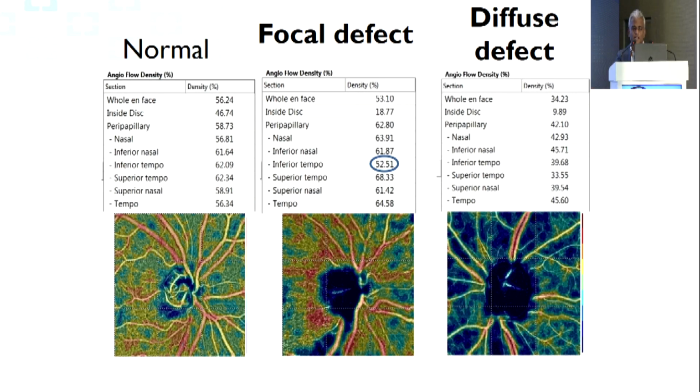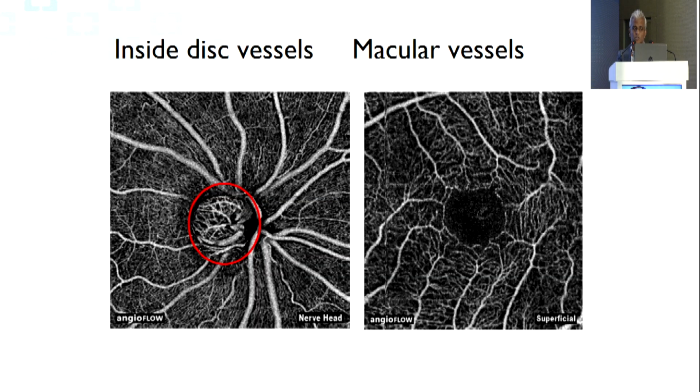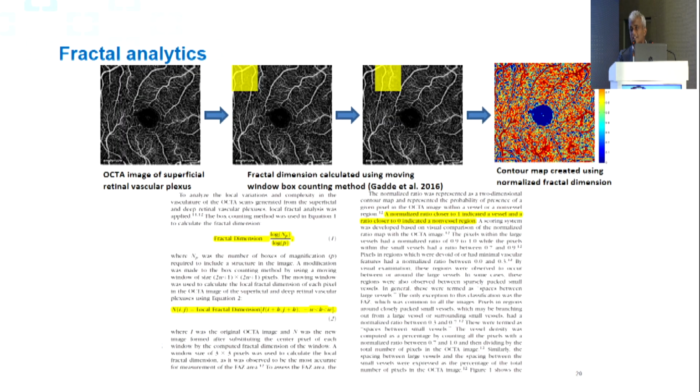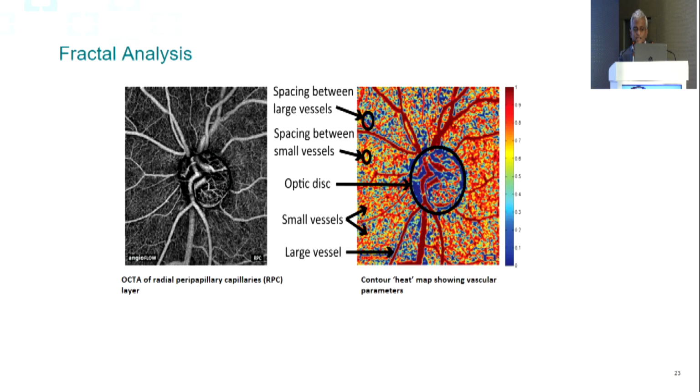So over time, how this can change, we can also look at inside the disc vessels or also at the level of the macula. And then the OCTA regions, OCTA actually scans superficial, intermediate, and deep. Fractal analysis is a quantitative method of evaluating the vessel density over time. And this allows us to get much more information about spacing between the large vessels, spacing between the small vessels, optic disc small vessels, and the large vessels as well.